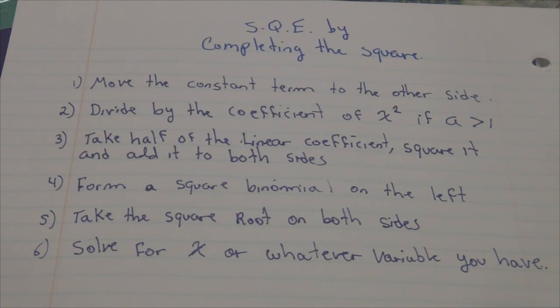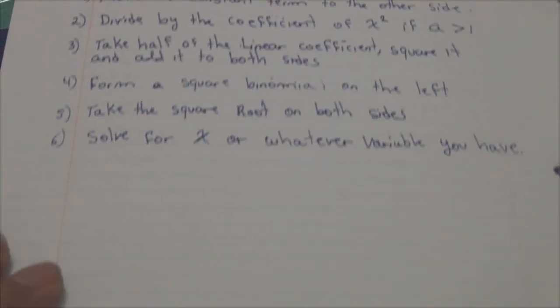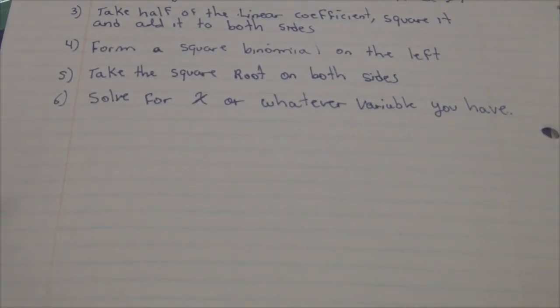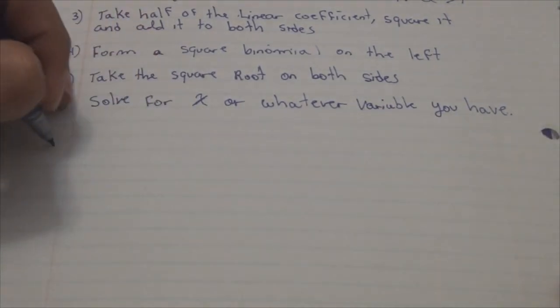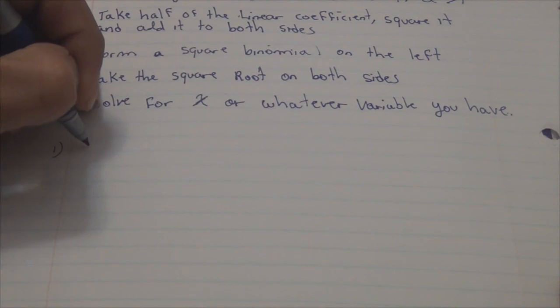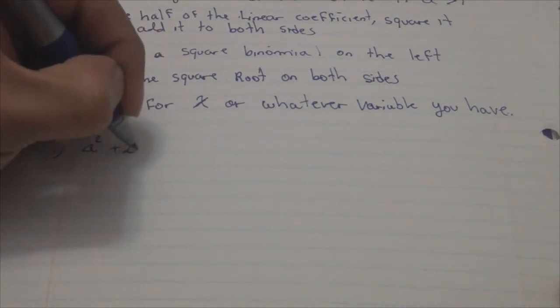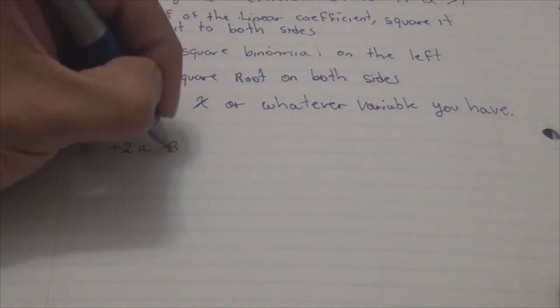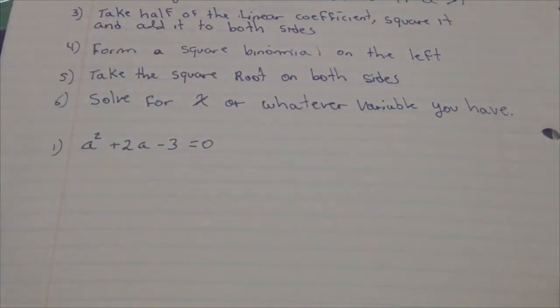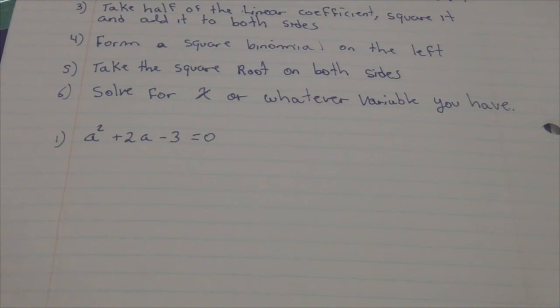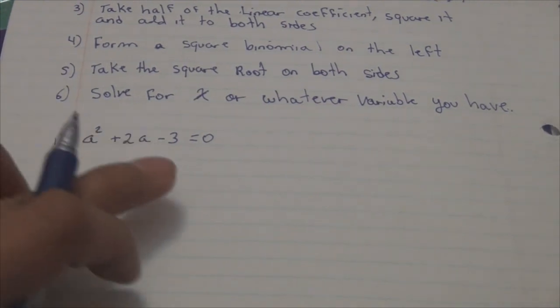Let's start with an easy equation. So let's have the first one: a squared plus 2a minus 3 equals 0. Alright, so the first step is to move the constant term to the other side.